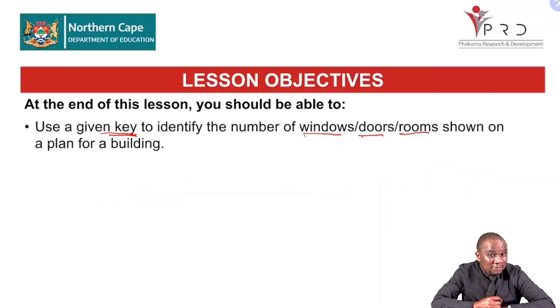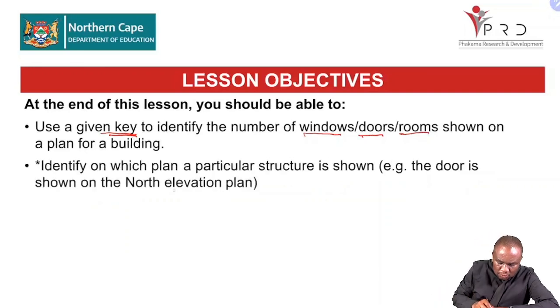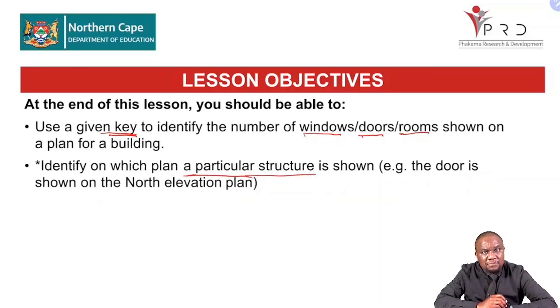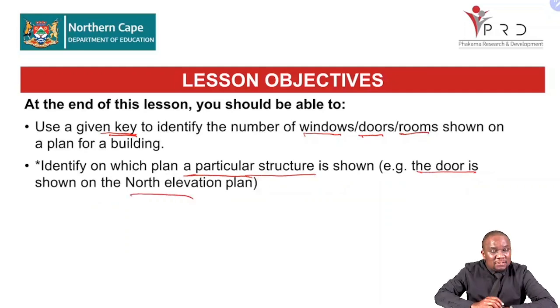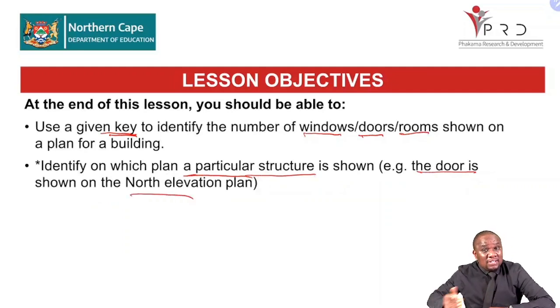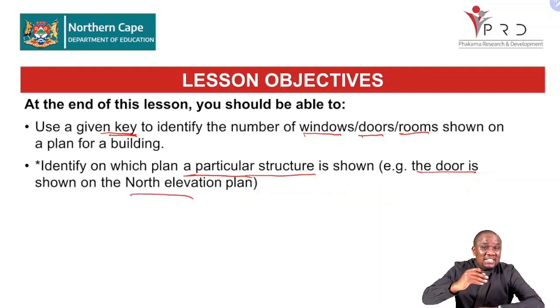Do you know how to identify a bathroom? Okay, we're going to learn that. Identify on which plan a particular structure is shown. E.g., the door is shown on the north elevation of the plan, or on the south elevation of the plan, on the east elevation or west elevation. Okay, right, we're going to know that.